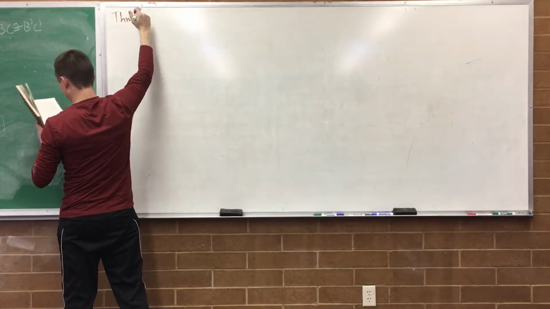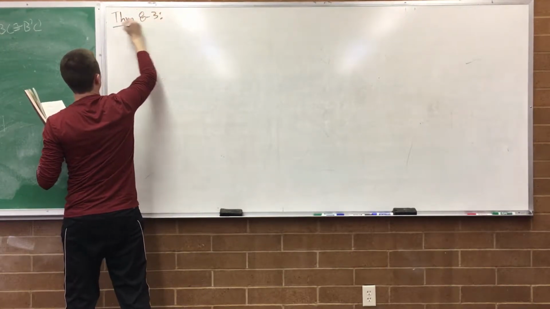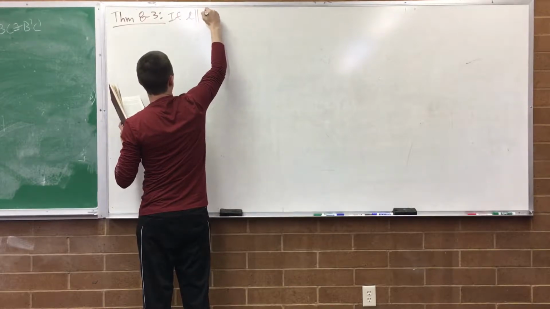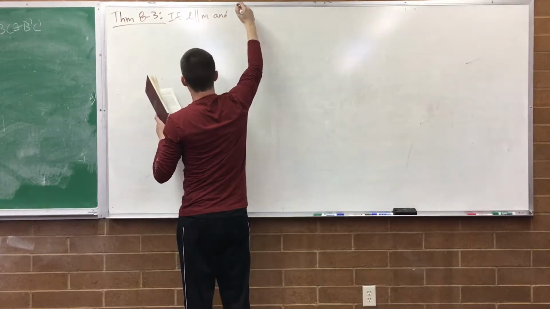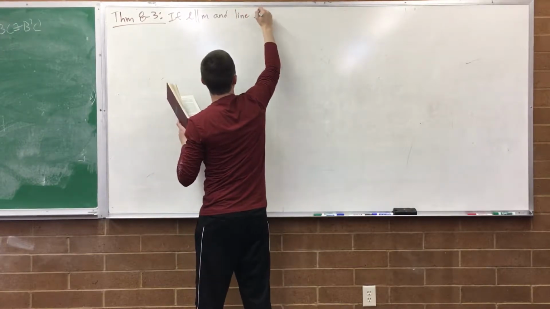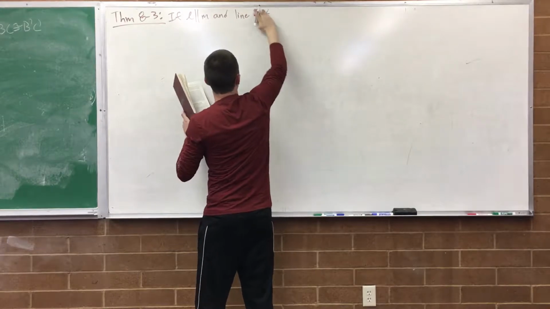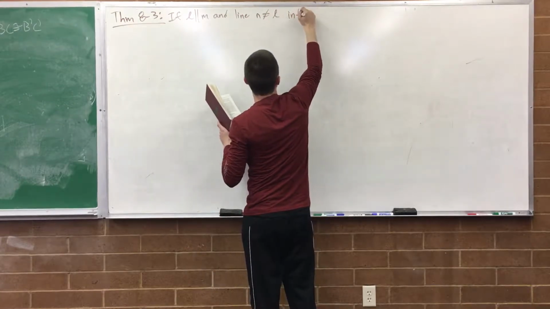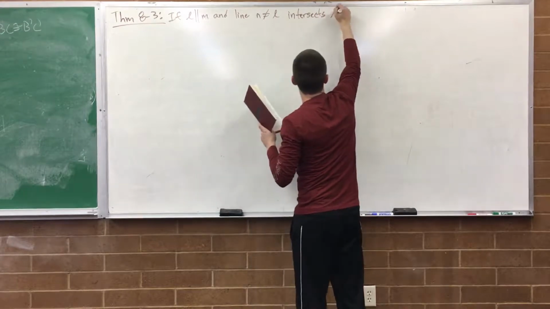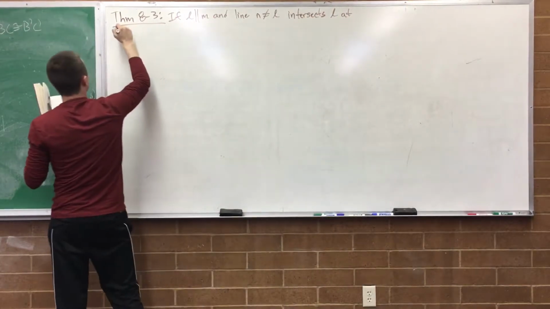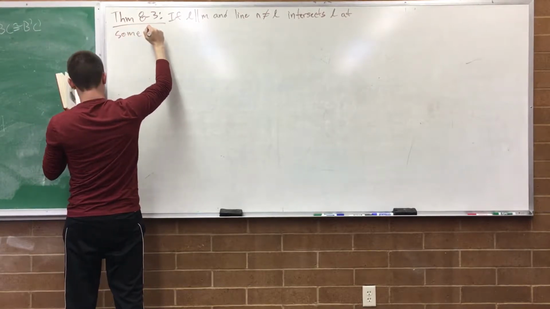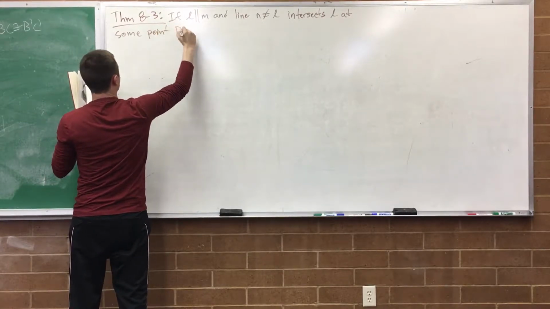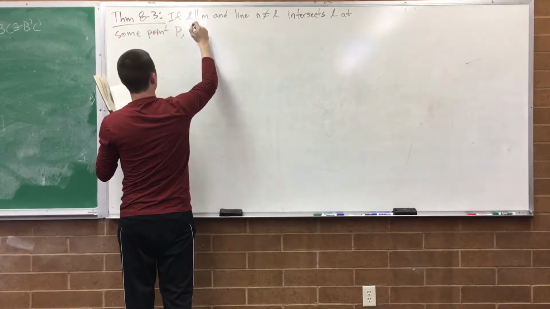So theorem 8-3, it says if L is parallel to M and line N, not equal to L, so some other line that's not L, intersects L at some point P, then N intersects M.